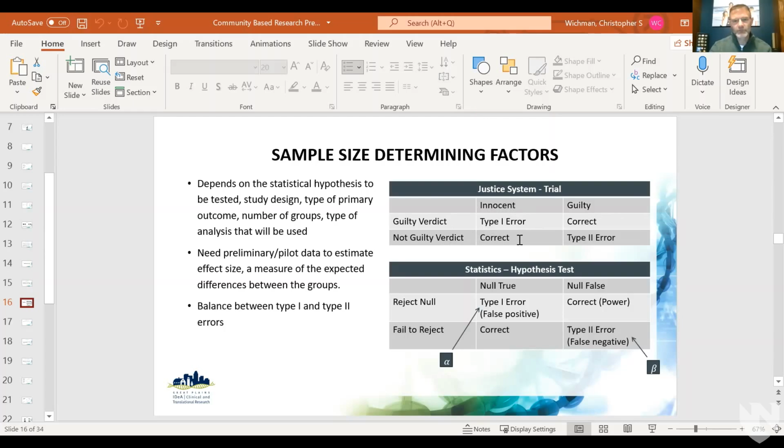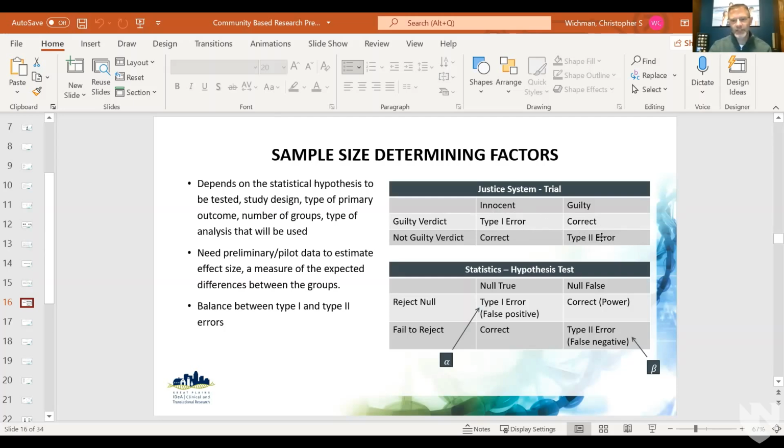Again, we're happy in these two off-diagonal situations. And then we have a not guilty verdict for a guilty person, and we call that a type 2 error. Here I'm willing to allow this error to be greater than a type 1 error, because if you think about it, it's potentially the lesser of the two errors you can make compared to putting somebody that's innocent in jail.